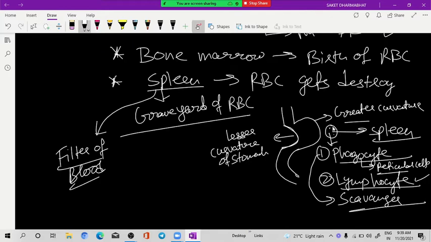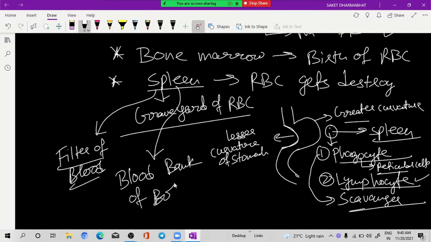Okay, and spleen also contains excess amount of RBC. So it is also called the blood bank of body. Blood bank of body, because it contains excess amount of RBC.